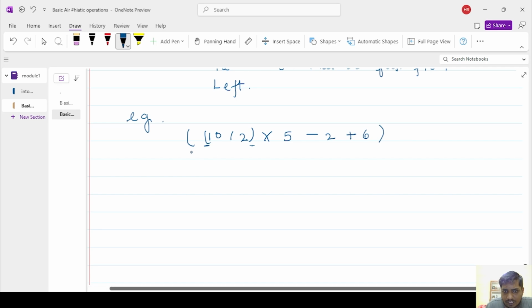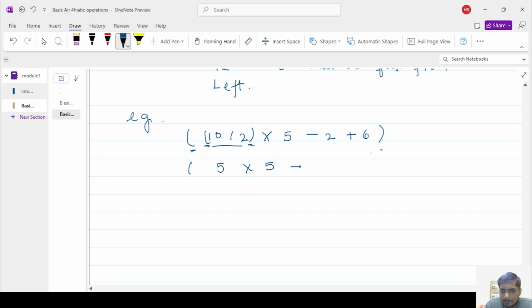Here first the open braces come, and inside the open braces also there are open and close braces. So we give the priority to braces first. We solve inside the braces first. Here we solve 10 divided by 2. In division we know the decimal value is removed, so 5 is here. 5 multiplied by 5 minus 2 plus 6.